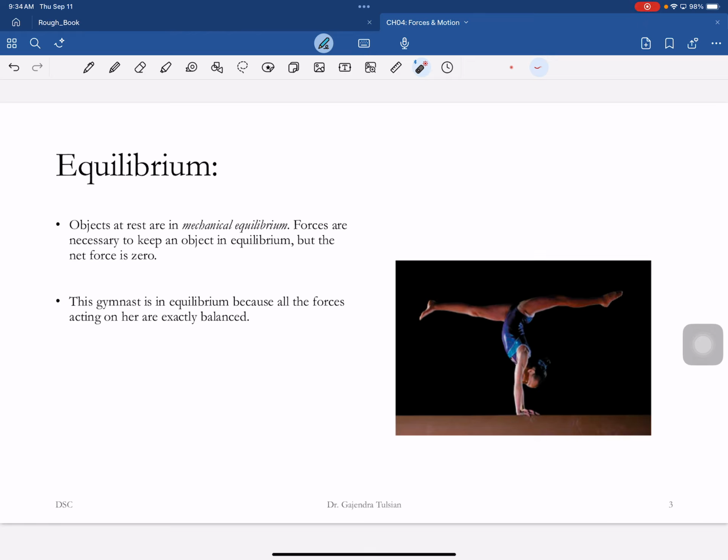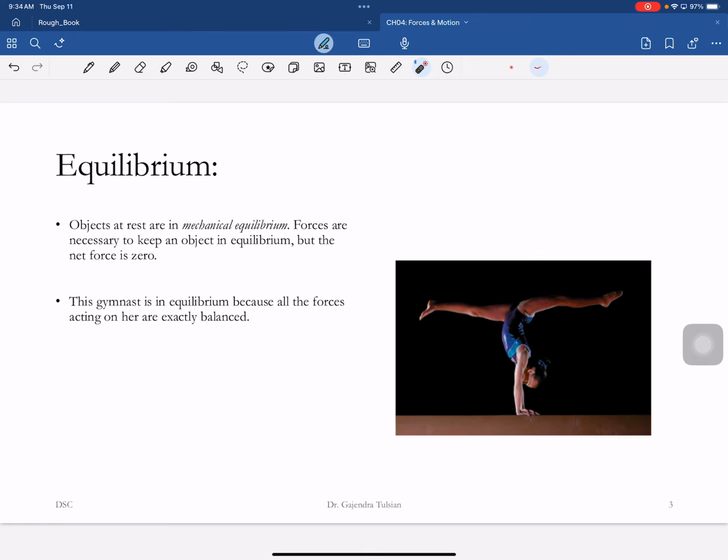Here are several ways to look at it. When you're in equilibrium, here's your footprint. Balance: your center of gravity needs to be above your footprint. For instance, when you're standing, what is your footprint? The space between your feet is your footprint. If you don't want to fall down, your center of gravity needs to be above your footprint.